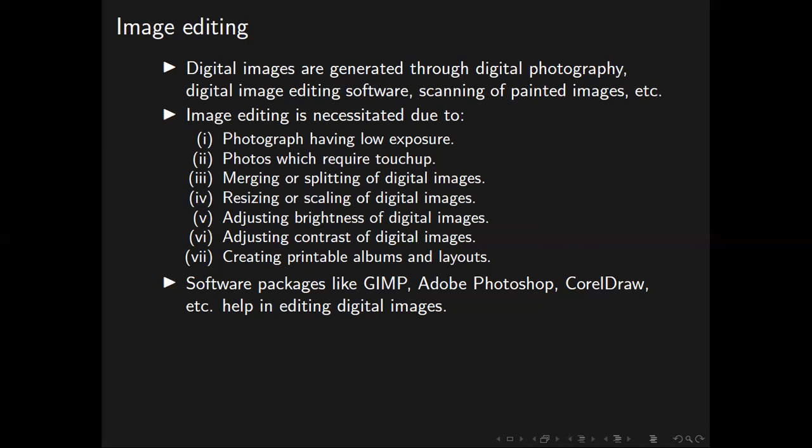Then merging or splitting of digital images. You may have a photograph which you need in a different location. You may take a copy of the photograph and then bring it into another group of photos. It's possible. You take out something from one photograph and you place it in another photograph.